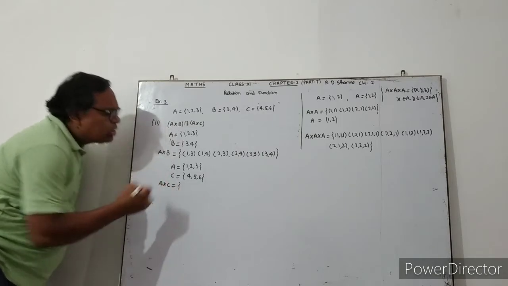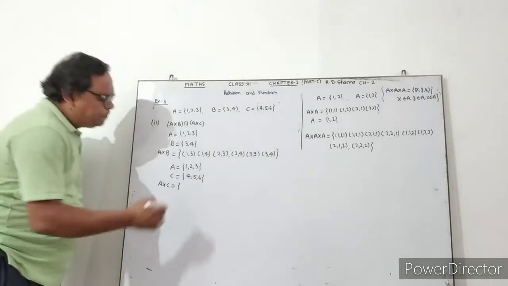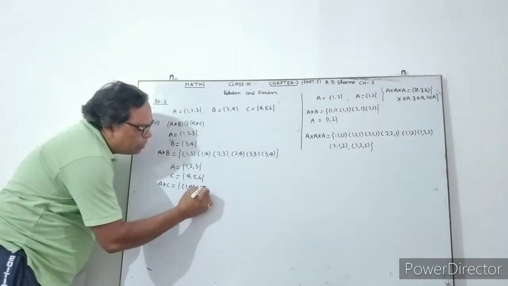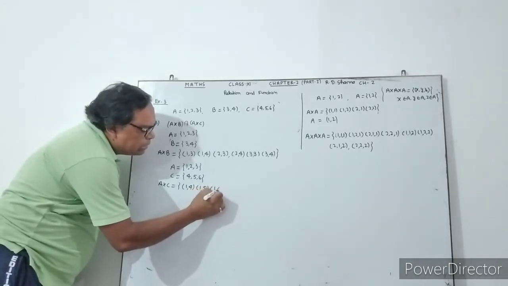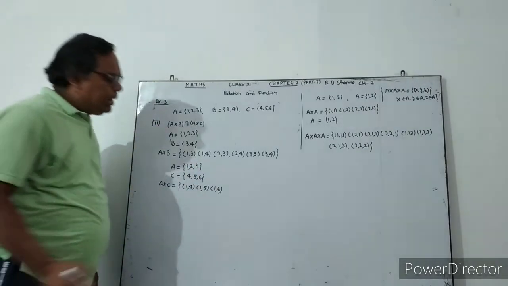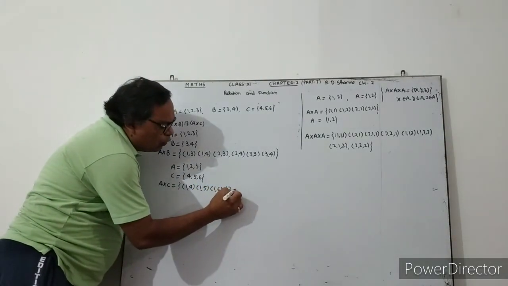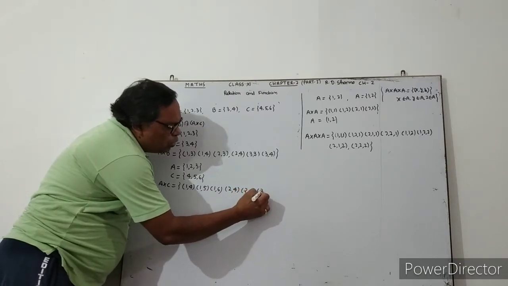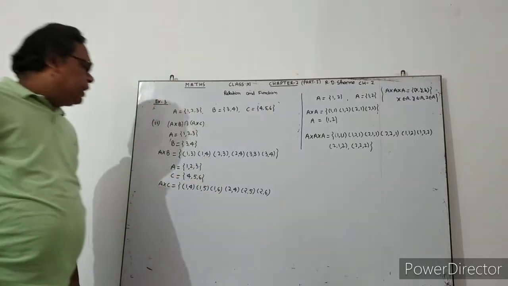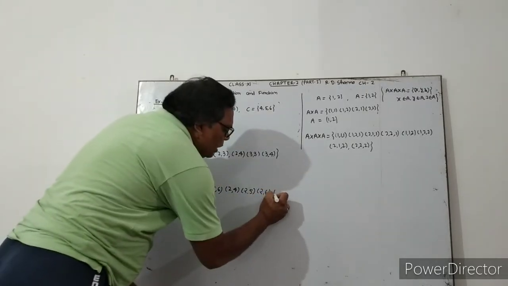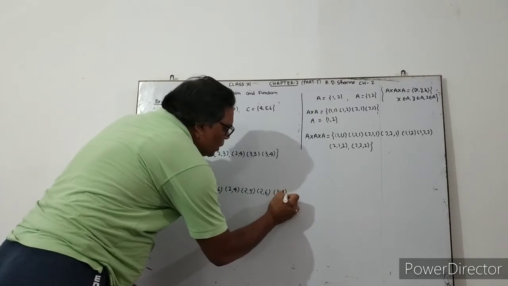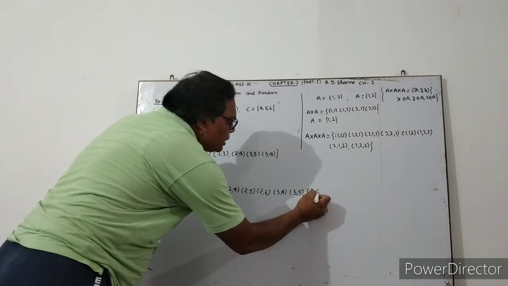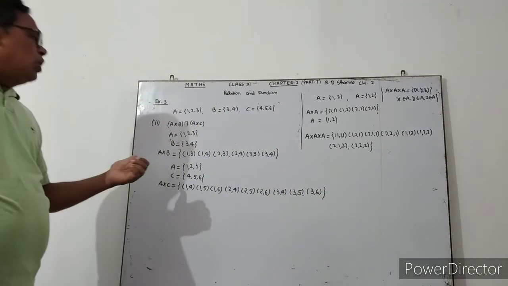Make pairs: 1, 4, 1, 5, 1, 6. Then we will make pairs with 2: 2, 4, 2, 5, 2, 6. Then with 3: 3, 4, 3, 5 and 3, 6. This is the A cross C.